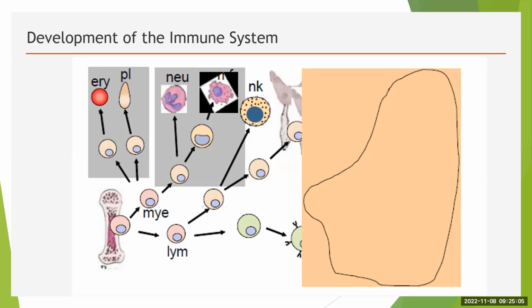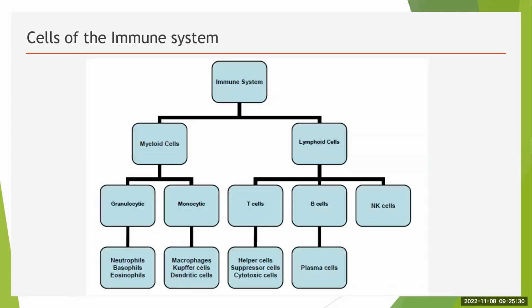And from the myeloid, we have two distinct development lines, in which we've got the erythrocytes and the platelets developing on one end, and then we've got the neutrophils, the eosinophils and the basophils. Then from the lymphoid side, we have got NK cells and the other cells generating from that end.